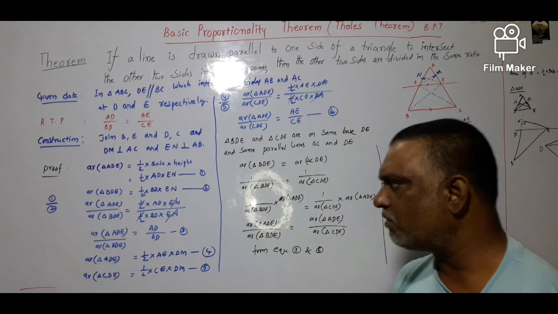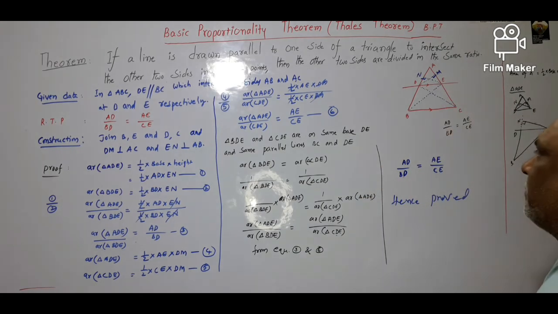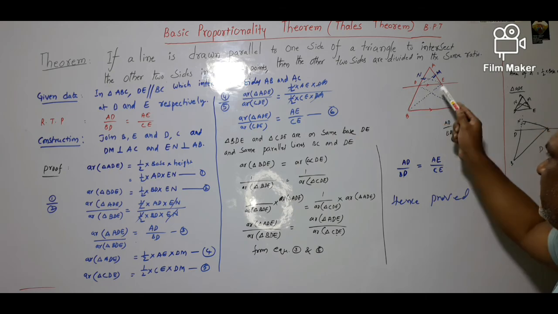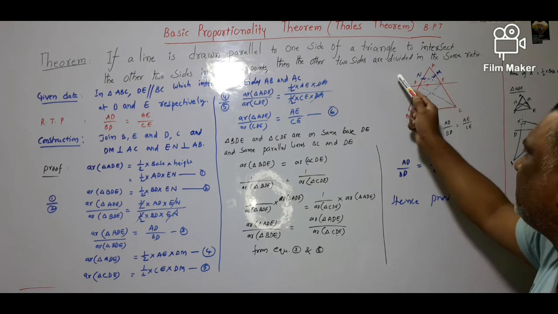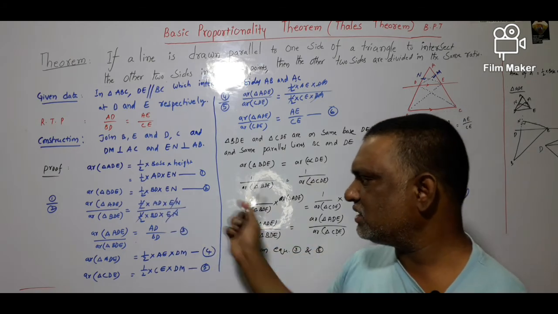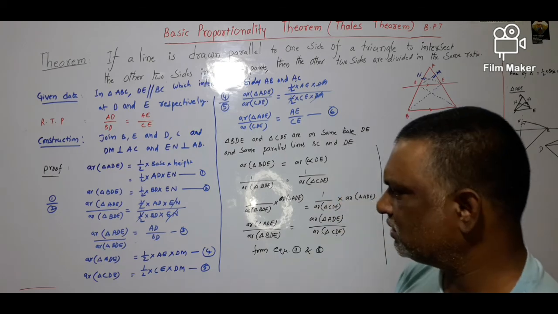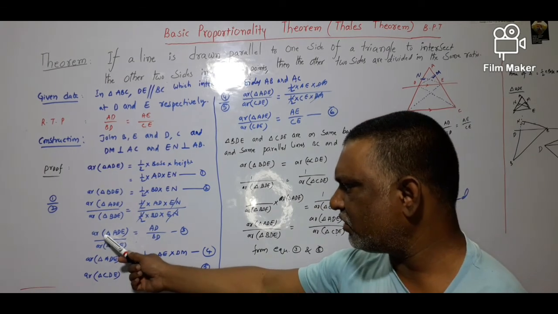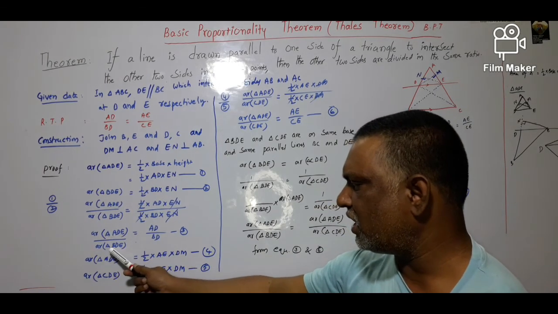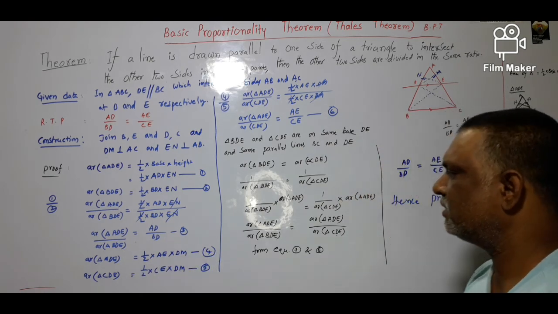This is equation number 1. Next, triangle BDE: base is BD, perpendicular height is the same, EN. This is equation number 2. Do 1 by 2. We get area of triangle ADE by area of triangle BDE is equal to AD by BD. This is equation number 3.